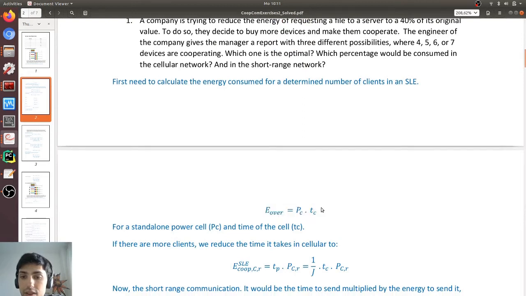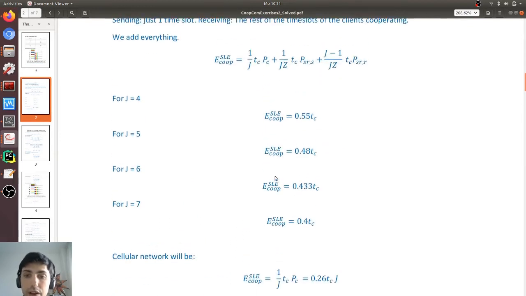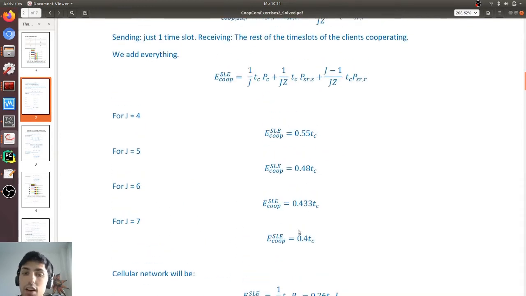Okay, we have here this T sub C, so we just divide it, and we get this extra division of 40%. So in the end, for J equals 7, we will get a reduction of the energy consumption to 40% of the one that I was using before.